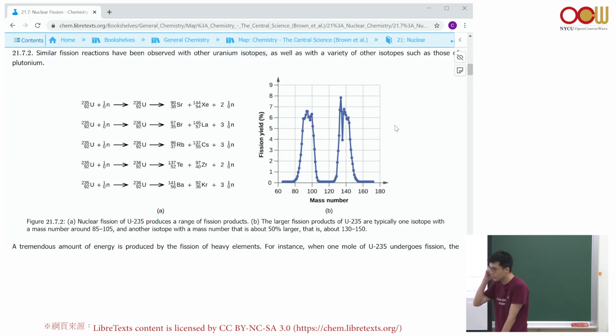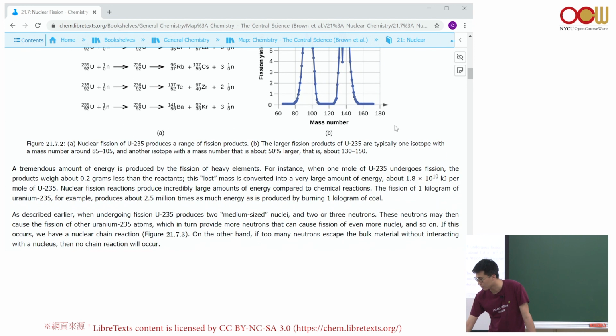Here is just a range of possible reactions that will happen with uranium. You can see there are a lot of combinations. If you're interested, I encourage you to read more about nuclear chemistry. There's a lot of information online, and you can also find very good videos on YouTube that will tell you more about these processes.